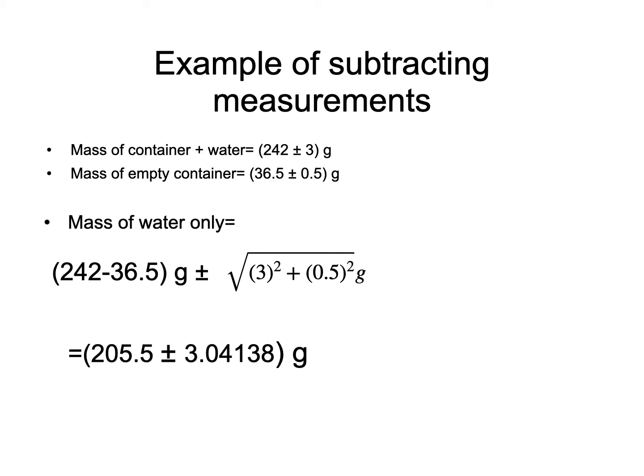However, the rules about significant digits must be applied. Only one significant digit should be kept for the error, which makes it 3 grams. And the best estimate should be rounded to stop at the same decimal as its error, making the final expression for the calculated quantity be 206 grams plus and minus 3 grams.